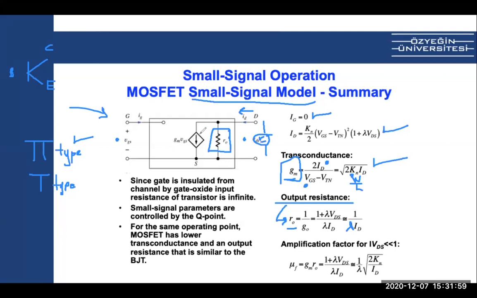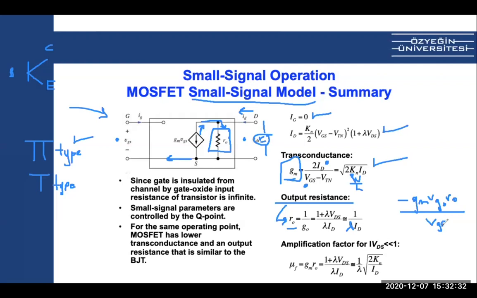This GM-VGS goes through here, not through this one, because there is no return path. It is multiplied with R0, and GM-VGS R0 becomes your output voltage.